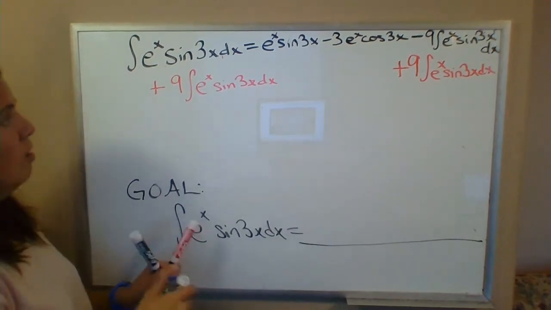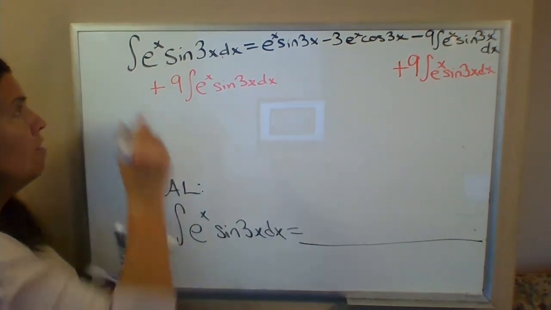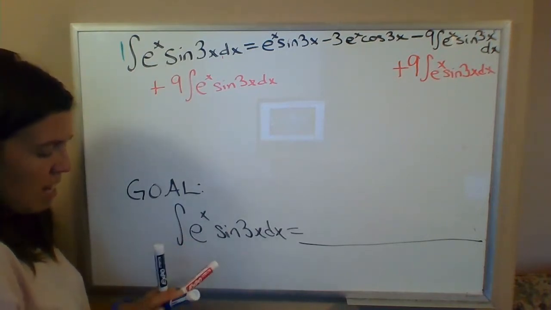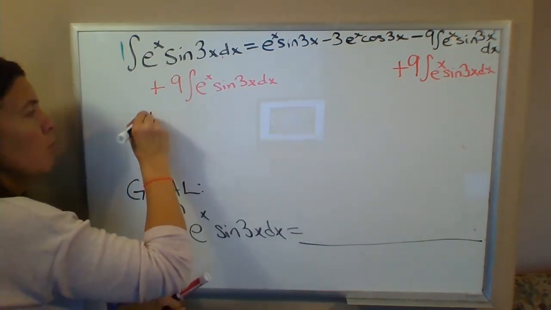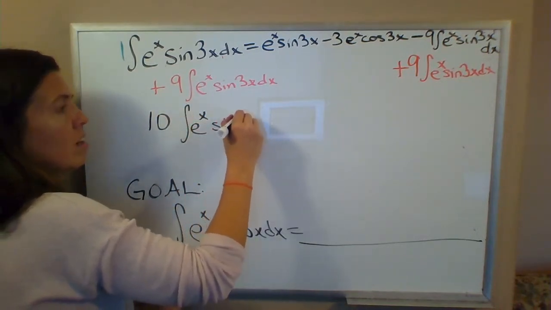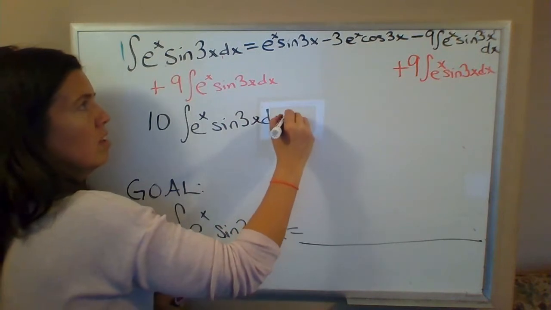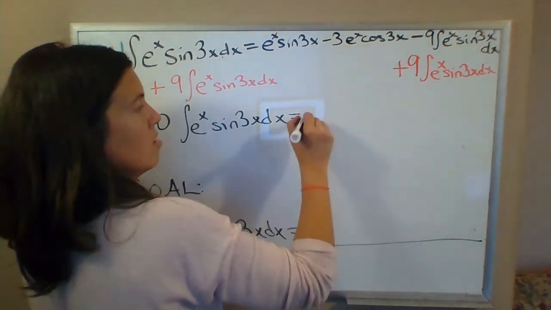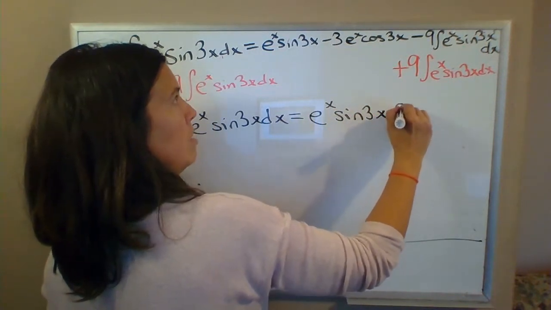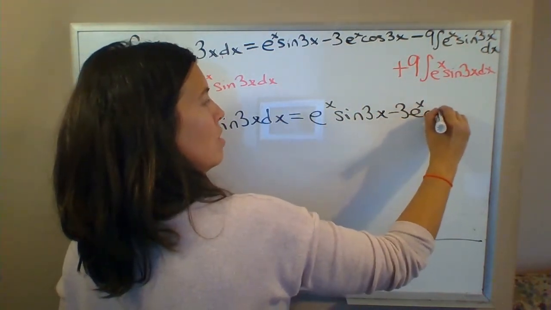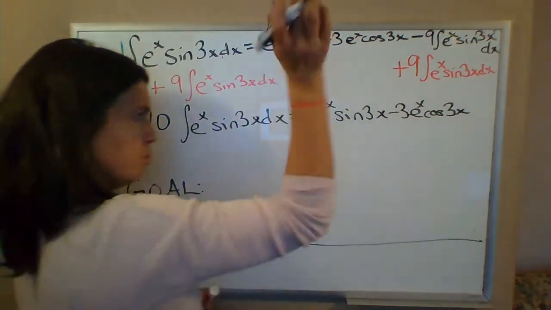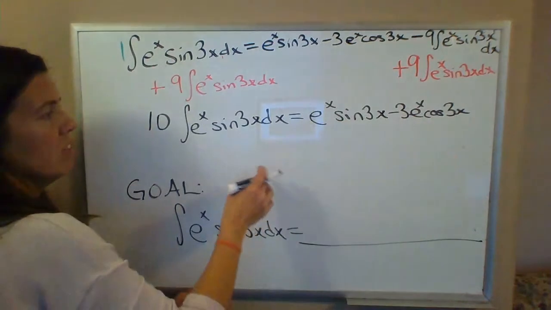Over here, think of this original integral as having coefficient 1, plus 9 times that integral. So we end up with 10 times the integral of e to the x sine of 3x equals e to the x sine of 3x minus 3 e to the x cosine of 3x, plus c if we want to. We can add the plus c later.